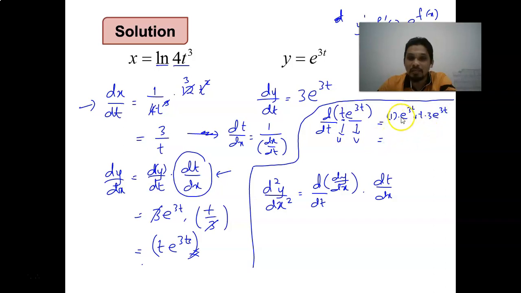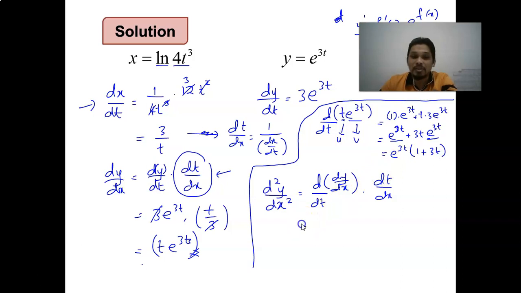So 1 multiplied with e to the power of 3t is e to the power of 3t, plus 3t e to the power of 3t. Or we can factorize, since both have e to the power of 3t, so e to the power of 3t multiplied with (1 plus 3t).